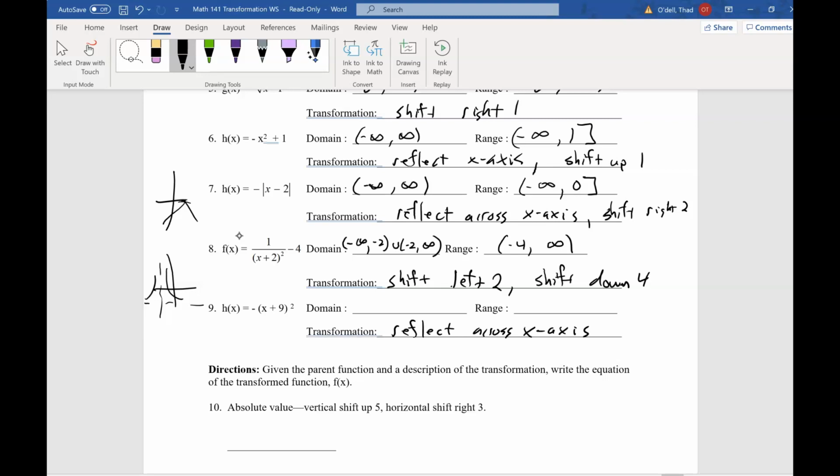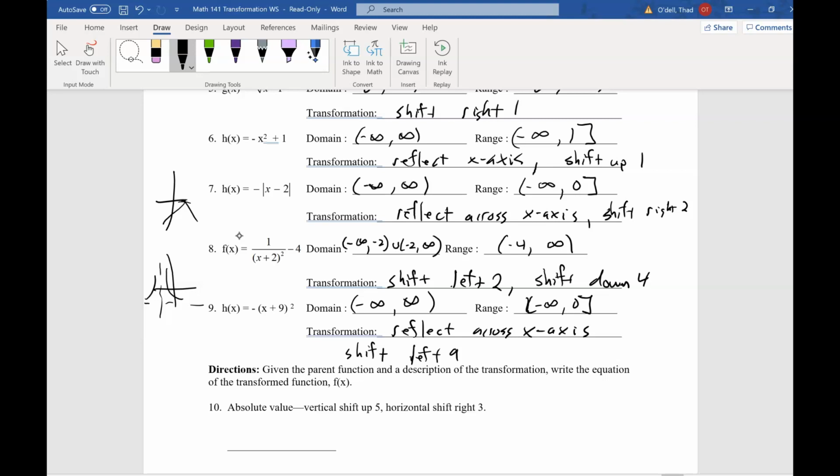And the plus 9 is going to shift left 9. And so it's just a normal parabola that's been turned upside down, hasn't been moved up or down at all, so the range is going to go from negative infinity to 0. The domain, of course, is just going to be all real numbers from negative infinity because it's a parabola.